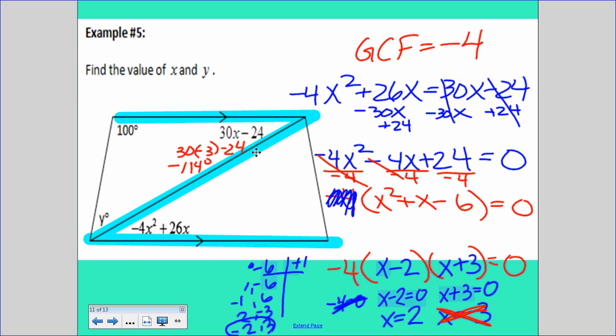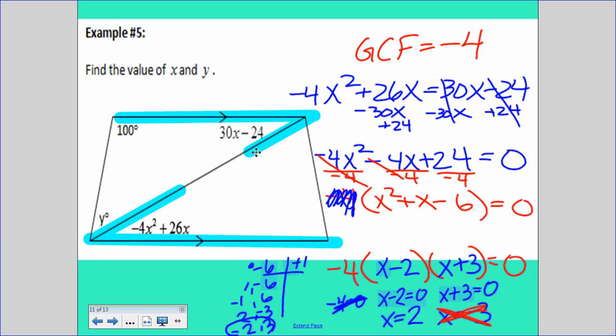That guy does not make sense. Sometimes you will get answers that don't work for our situation. You need to make sure that you're crossing those answers out. So from here on out, you need to be plugging them back in and checking to make sure are we getting a positive angle measure? Because we're not allowed to have negative angles.